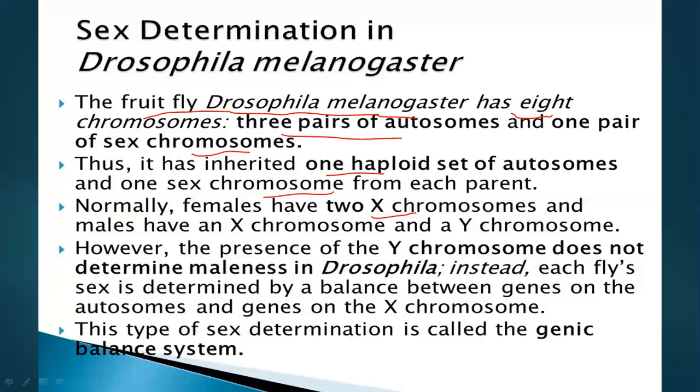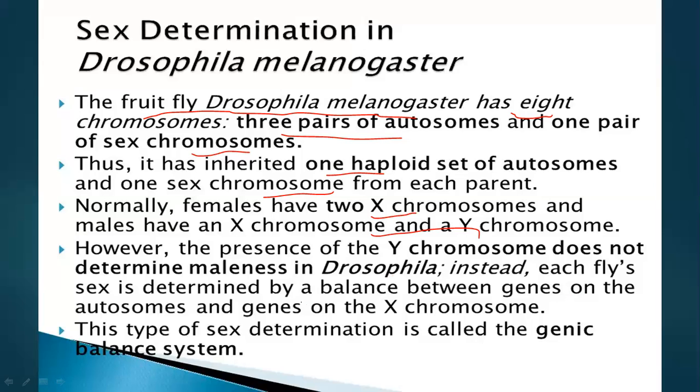The female has 2 X chromosomes and the male has 1 X and 1 Y chromosome. The presence of the Y chromosome does not by itself determine maleness in Drosophila; there are other factors which transform it into male characters.